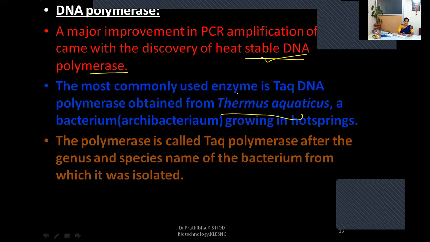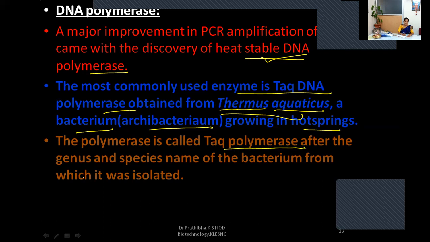The most commonly used enzyme is Taq DNA polymerase, obtained from Thermus aquaticus, an archaebacterium growing in hot springs. The polymerase is called Taq polymerase after the genus and species name of the bacterium from which it was isolated.